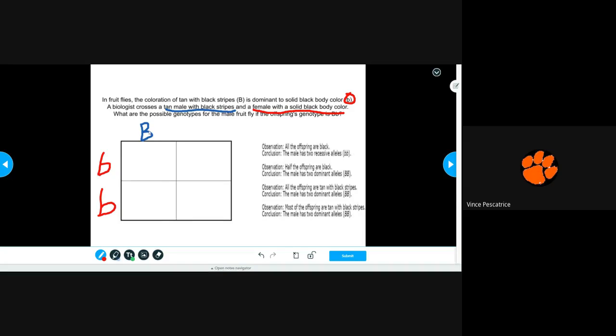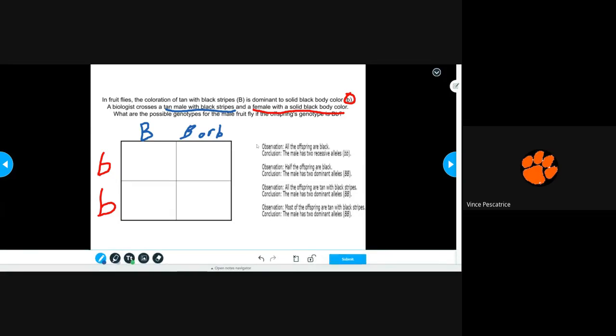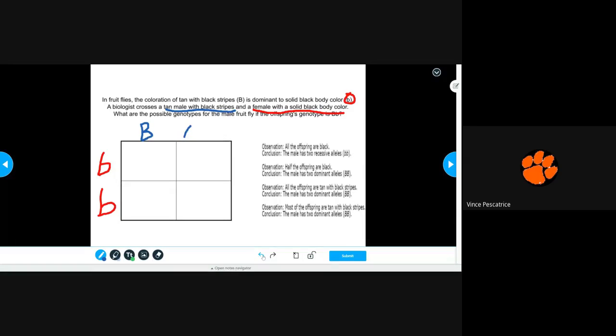So the observations will help us fill in this box, because this could be up here, it could be a capital B or a lowercase b. We don't know yet. All right, so observation: all of the offspring are black. So the conclusion: the male has 2 recessive alleles. All right, so we don't know that.